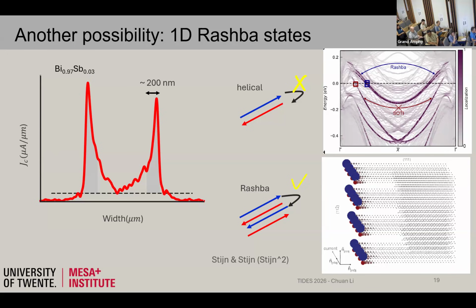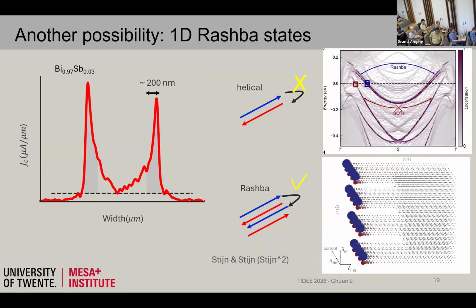I think people very commonly see this edge state just due to the potential difference, and you have very strong Rashba terms come out. And of course, in that case, the difference is that the helical state cannot backscatter, but for your Rashba states, backscattering is allowed. Even though they appear very robustly at the edge, once you do transport, backscattering is allowed.